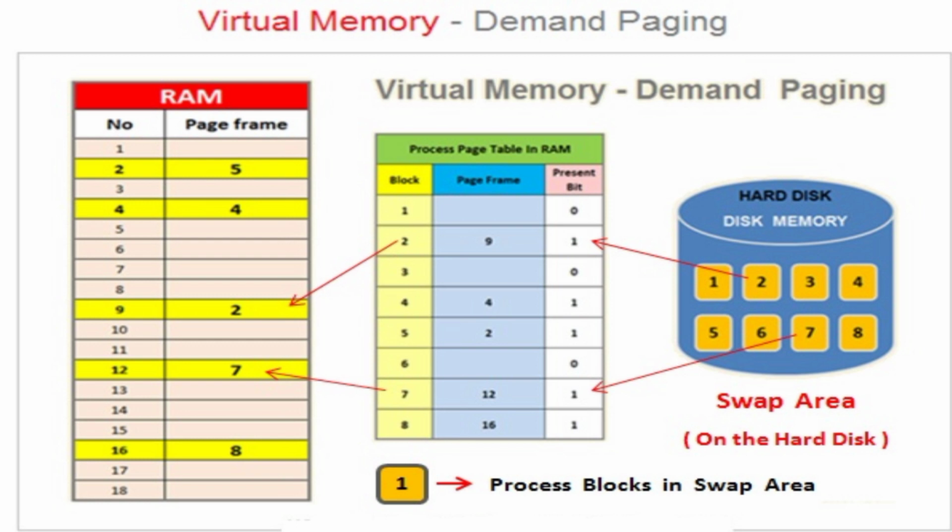Advantages of demand paging: it only loads pages that are demanded by the executing process. Another advantage is that there is more space in main memory, so more processes can be loaded, reducing the context switching time, which utilizes large amounts of resources.